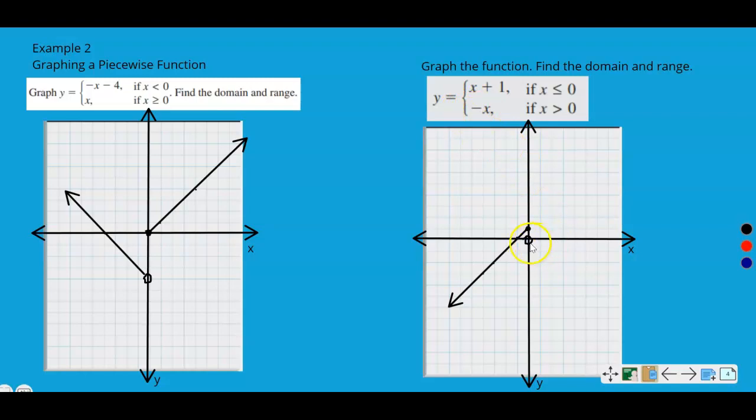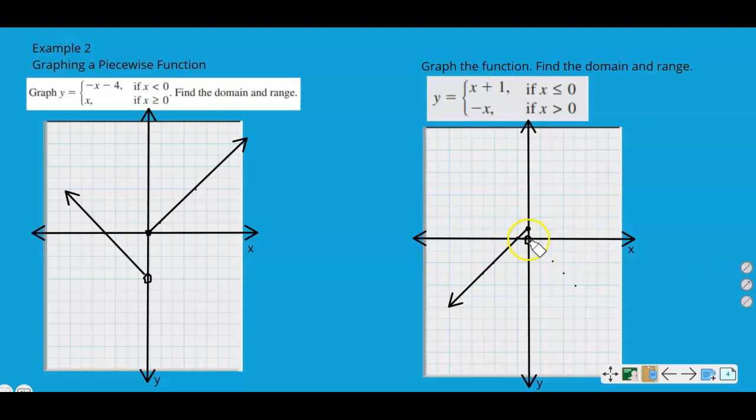So that means it's going to be going downhill, negative 1, down 1 over 1, down 1 over 1. So down is negative, to the right is positive. So negative over a positive is a negative slope.